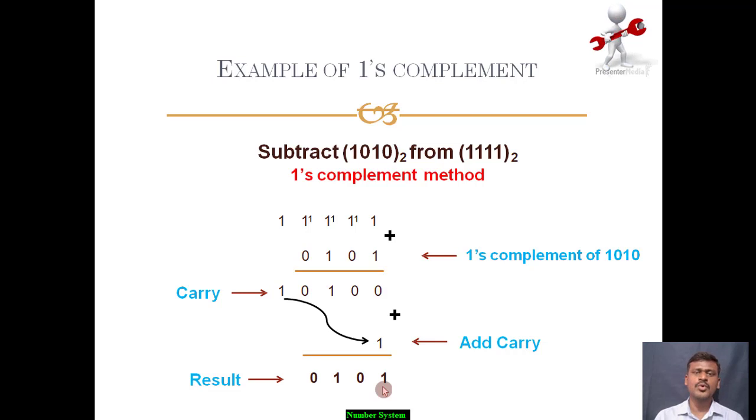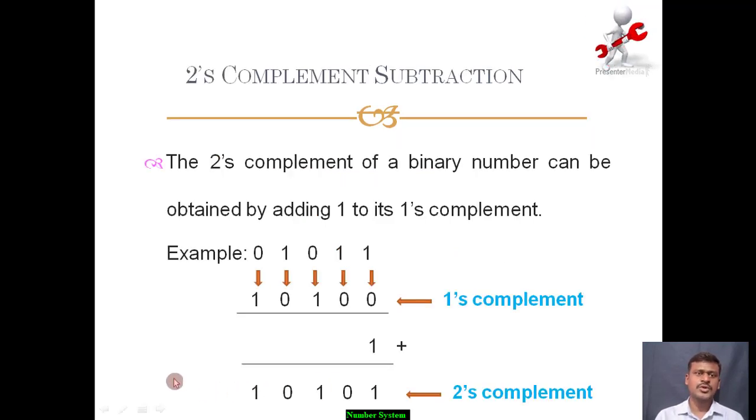Next we will move on to the twos complement. So twos complement subtraction. The twos complement of a binary number can be obtained by adding 1 to its ones complement.